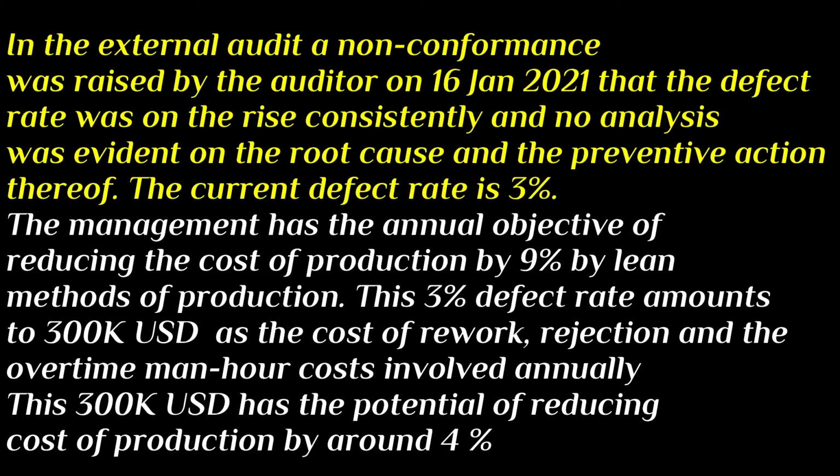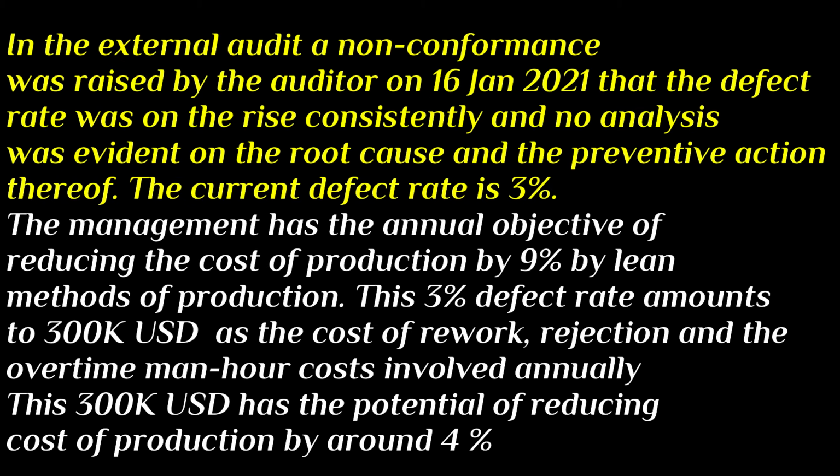The current defect rate is 3%. So the yellow portion that you see now is actually the trigger from where the project has come, right? So there has to be a trigger why you are doing this project. The yellow text is actually the trigger from where the project is coming from.